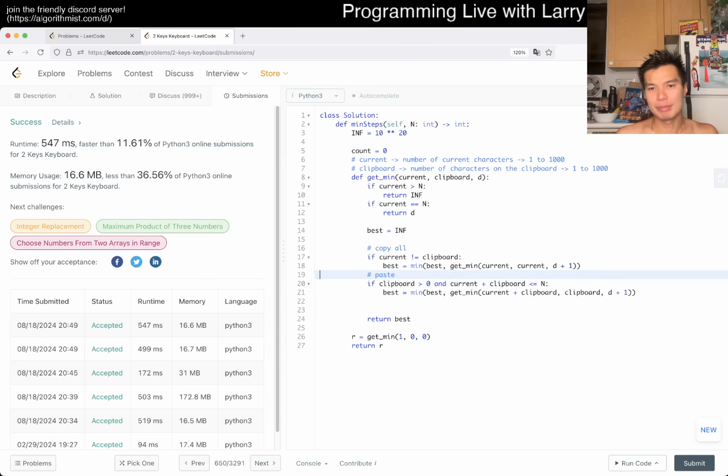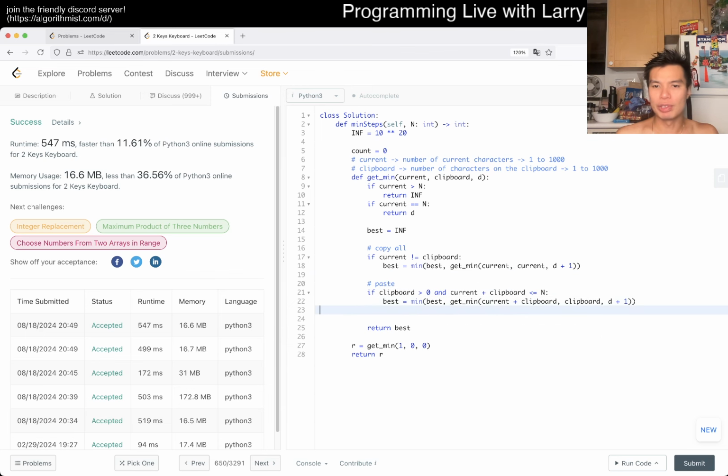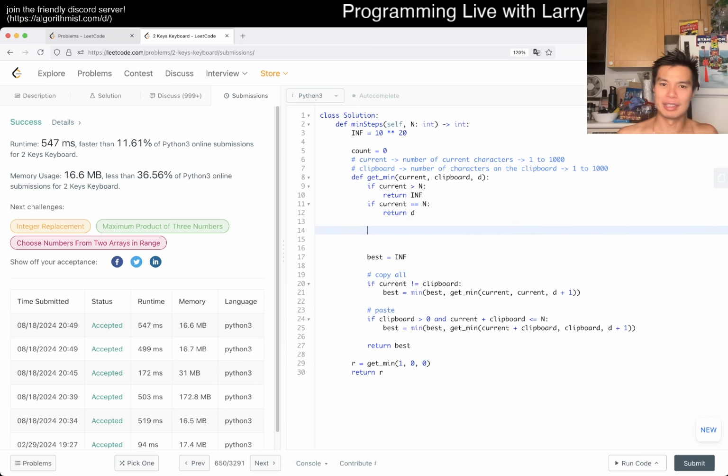But yeah, now what you ideally want to do is have some heuristic, like maybe if D plus log n or something like this, log current.